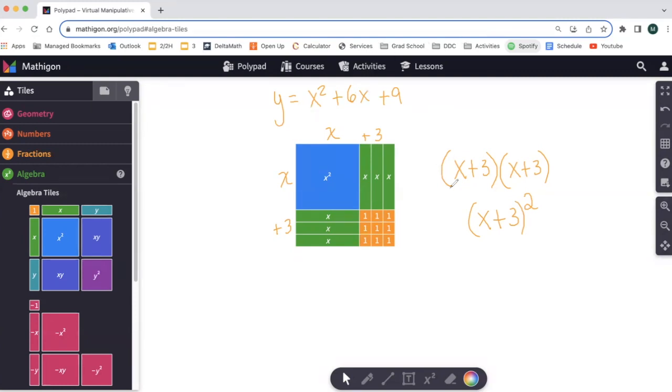So a couple things to look out for here is, given our b value, we will sometimes cut it in half, and also given our b value, we will cut it in half and square it. Comparing it to our factors, it appears to be x plus half of b, squared.